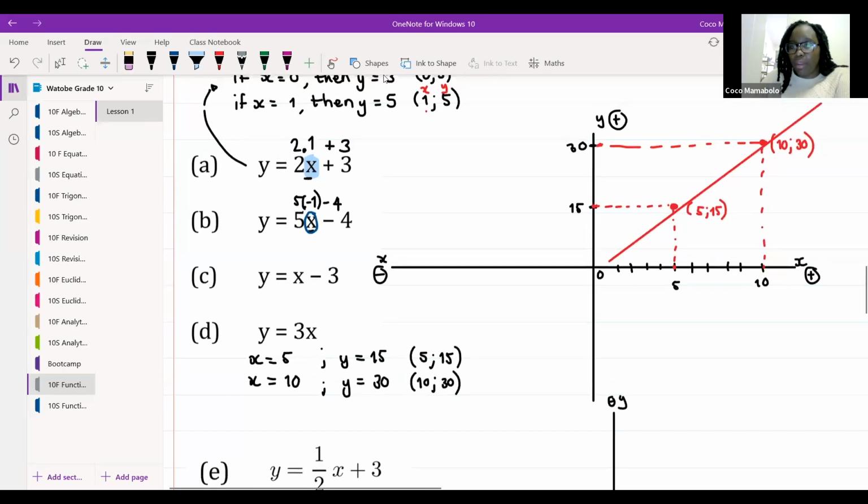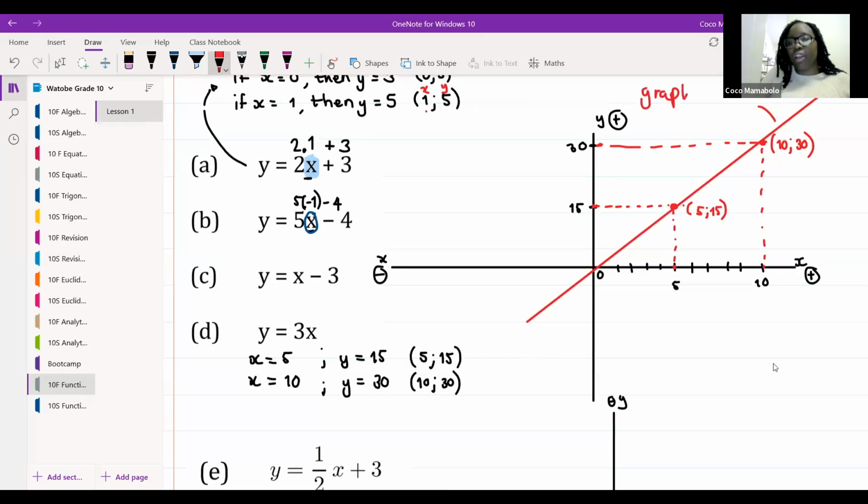Okay. And look at that, Shaden. You have just drawn us the function of y is equal to 3x. Congratulations. Ta-da! Then we call this graph, we say this is the graph of f of x is equal to, what is f of x equal to? It's this point here, this one.